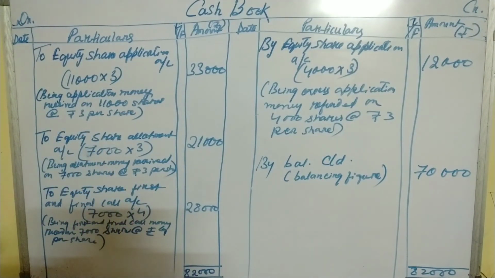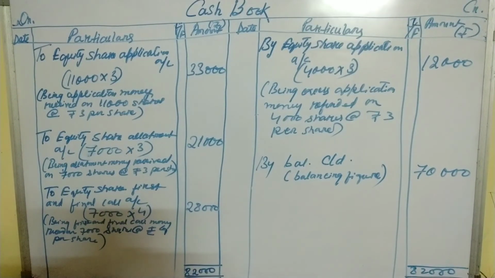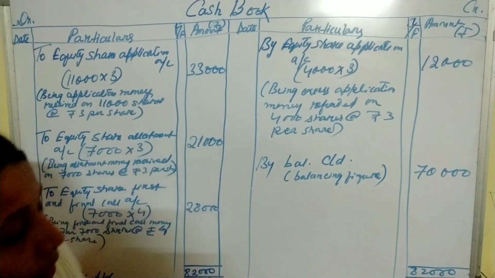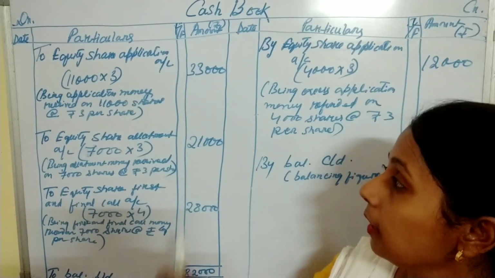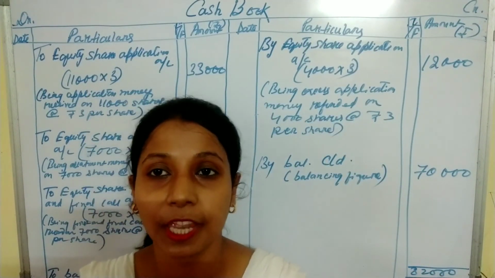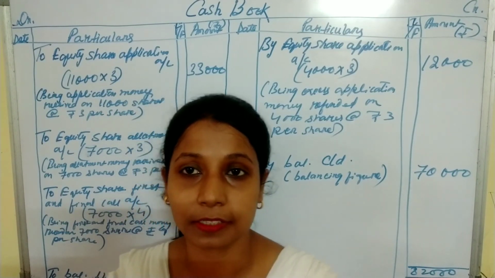Now this 70,000, in this side we will bring down to balance b/d 70,000. Okay student, so what we have seen in cash book, that all the cash received and cash payments are recorded in cash book and nothing more than that. Okay.